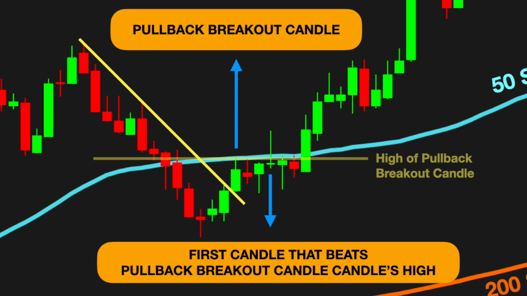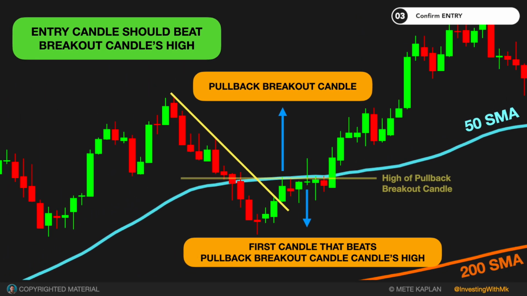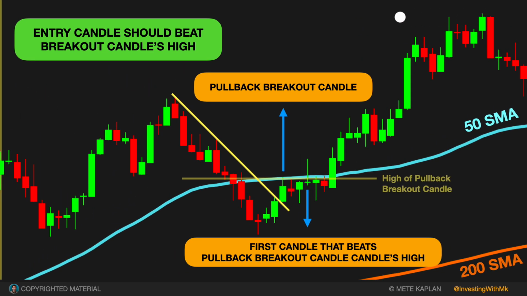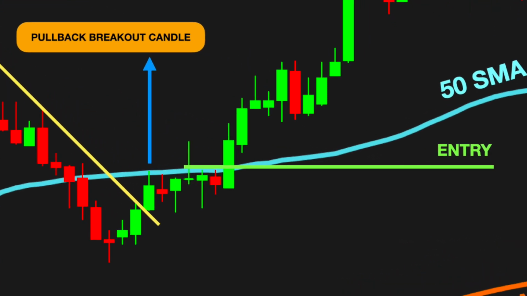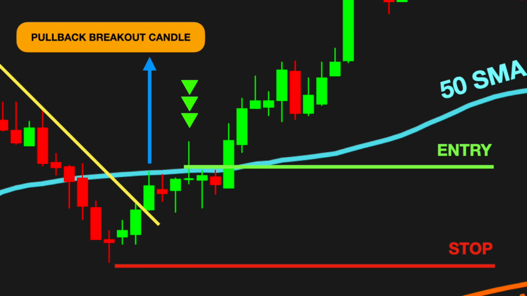Let's learn to place entries, stop loss, and take profit orders. I'm continuing with the same examples. I place my entry the moment a candle breaks the high of the pullback breakout candle. I generally place my stop loss order around the bottom of the pullback.